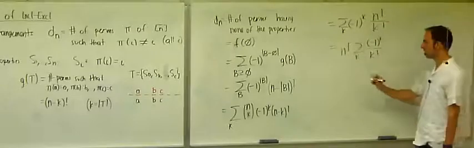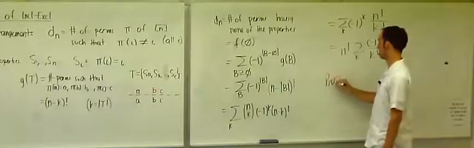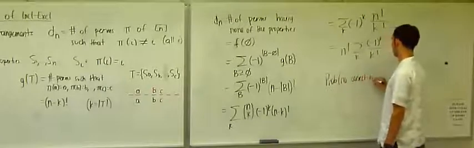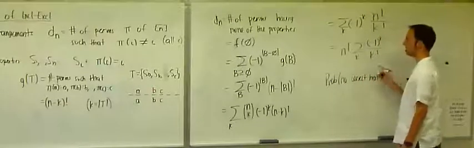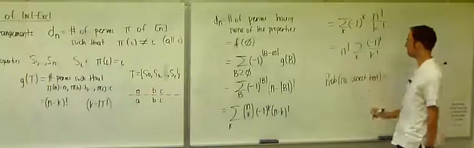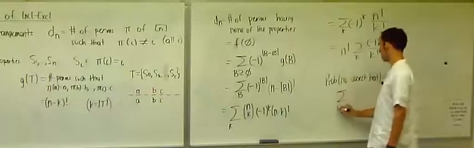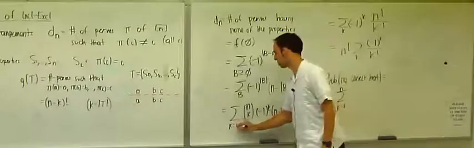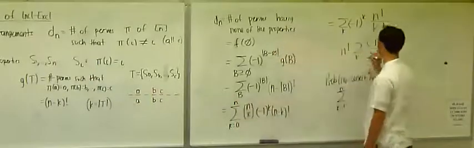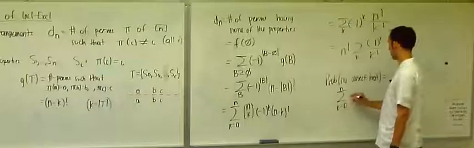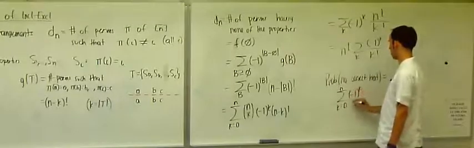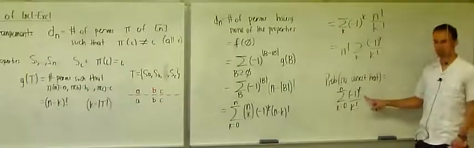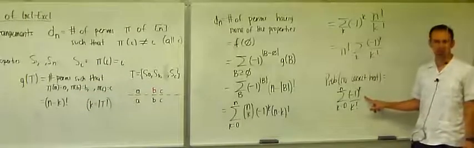And so the probability of no correct hat is this divided by n factorial, which is the sum over k from 0 to n of minus 1 to the k over k factorial. I hope this looks familiar to you from your analysis class.